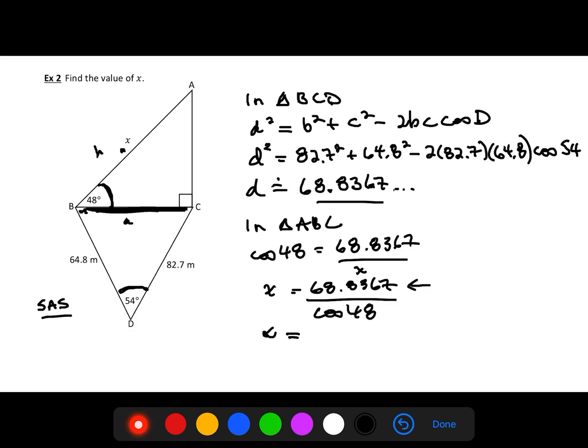Now notice that we already have this number still in our calculator from the previous step, so we're going to use that exactly like that and divide by cos 48. When we do that, we notice this is our final answer, so we can now round this to 1 decimal place for a side. So x is equal to 102.9 meters. Okay, so that's a quick review.